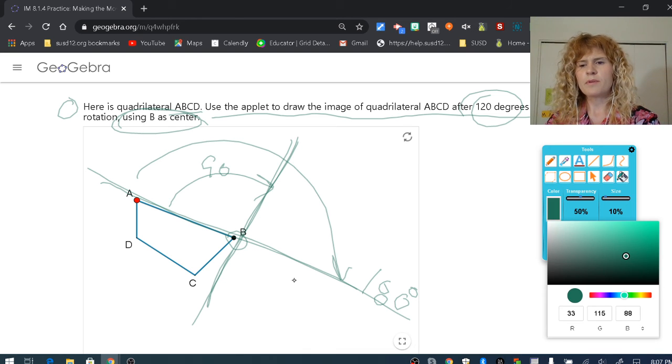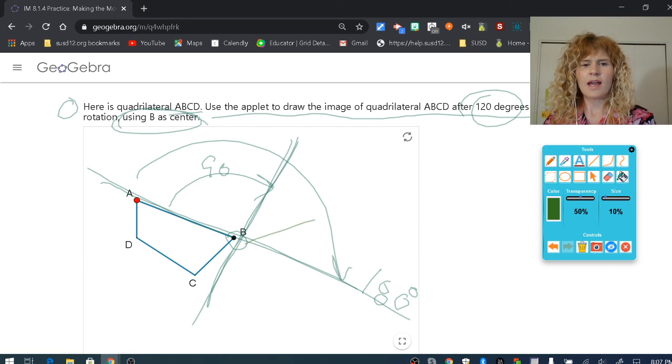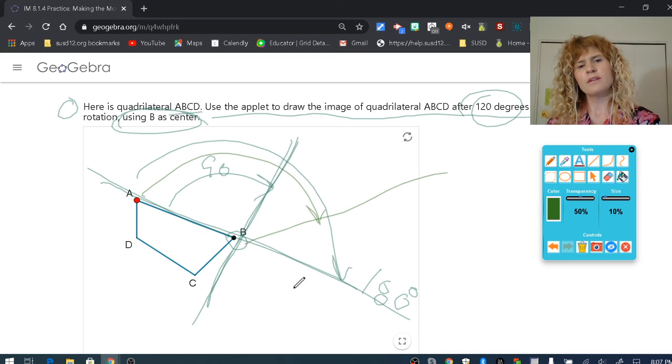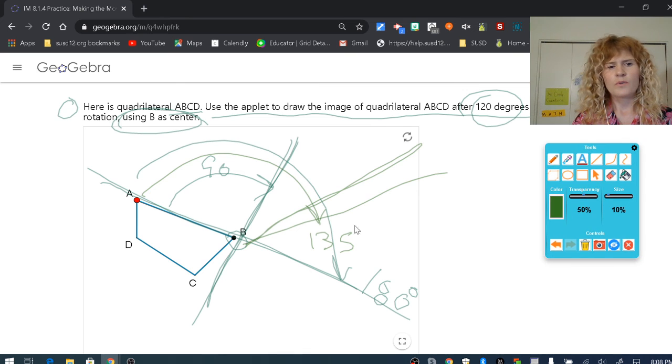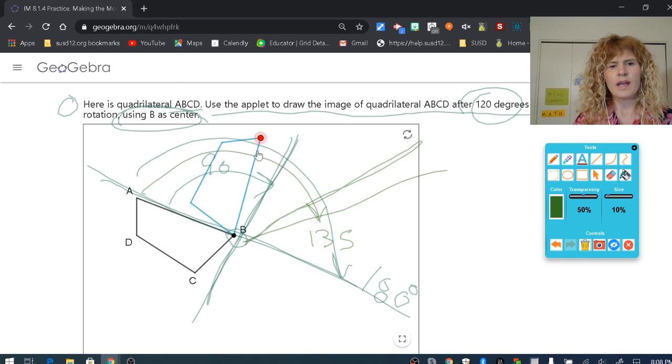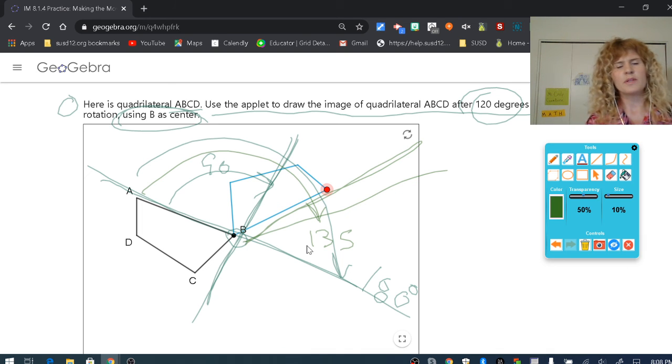Well, if you remember that before I showed you, if we cut this in half, then this is 135 degrees. So I estimate 120 is a little less than that. Okay, grab the corner here, point A, to rotate it 120 degrees. Now you can see the image after rotation.